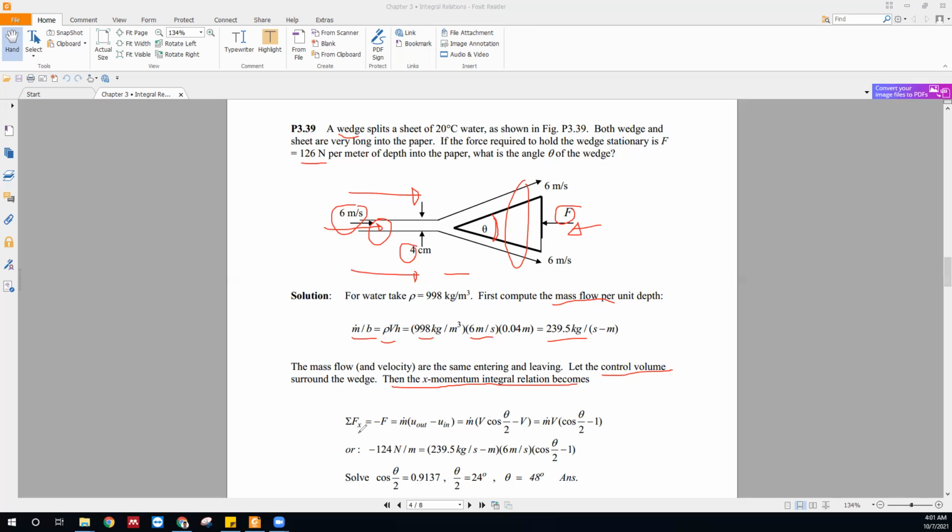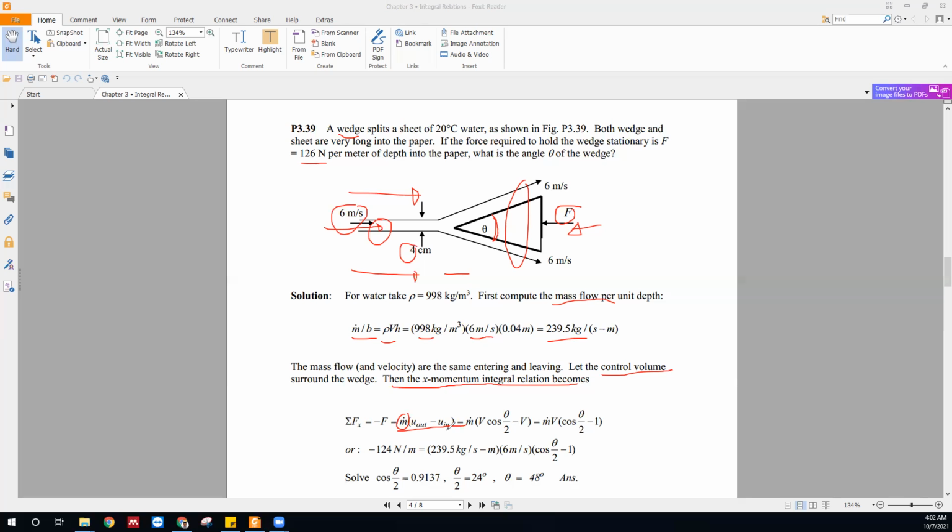So summation of Fx equals minus F equals, summation of Fx of what? M, you see the mass flow rate into the outlet velocity minus mass flow rate into the inlet velocity, right? So the mass flow rate multiplied by the outlet velocity minus the inlet velocity, that's what you need to calculate.